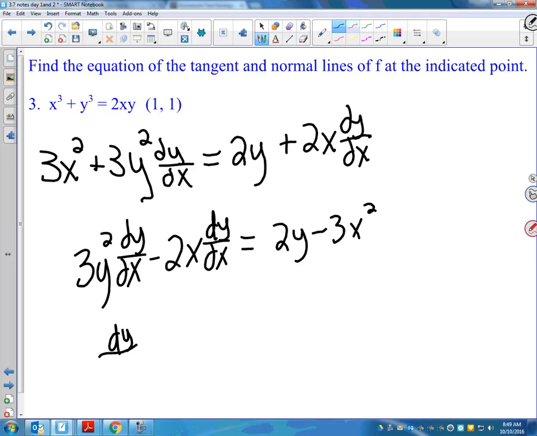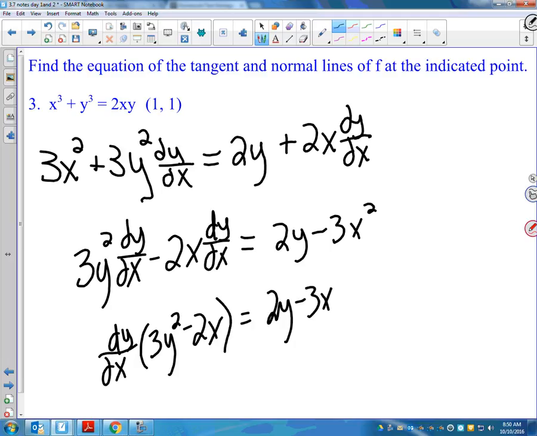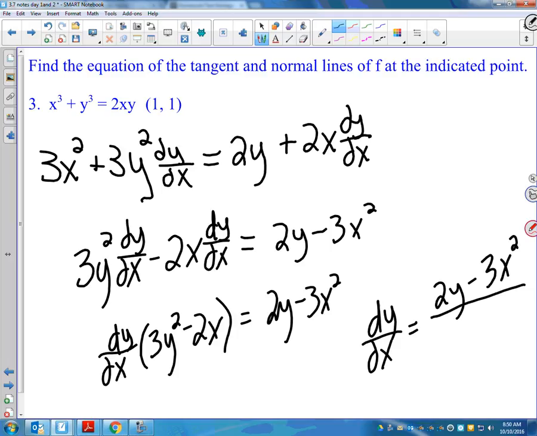Tell me if you disagree. So if I factor this out, I think that my derivative should be 2y minus 3x squared over 3y squared minus 2x.